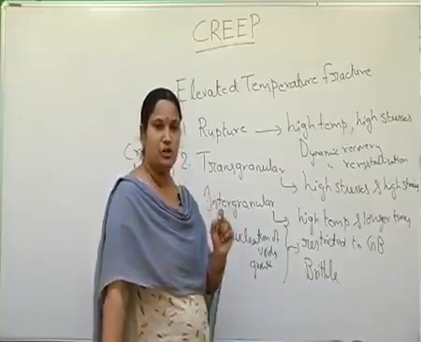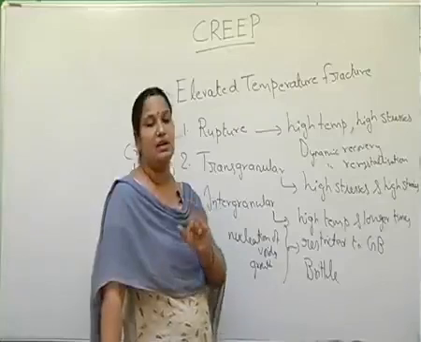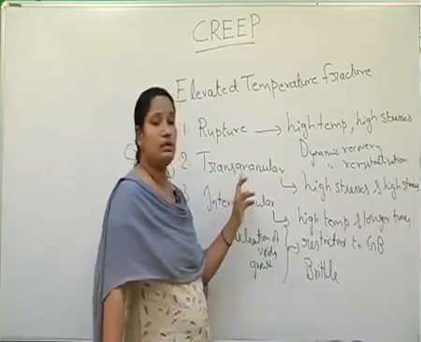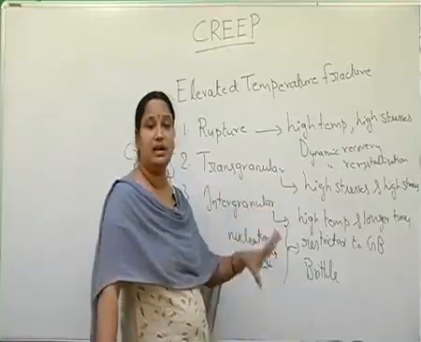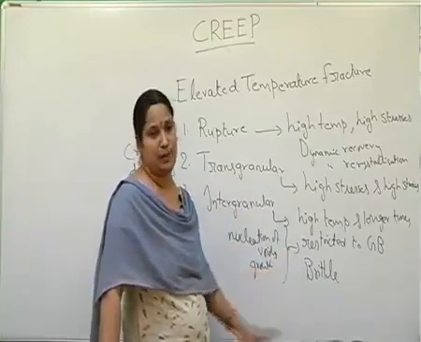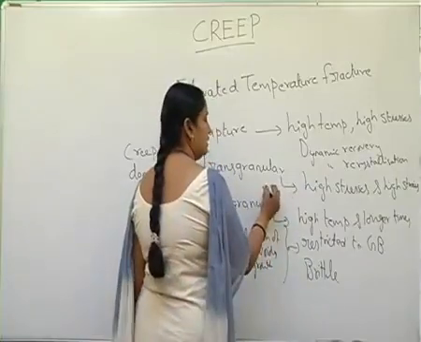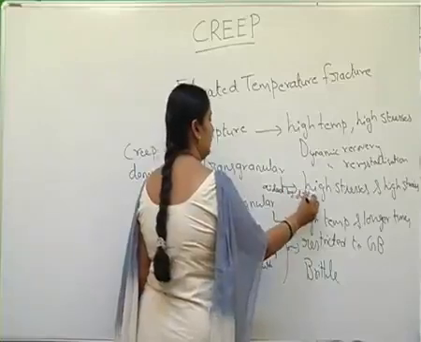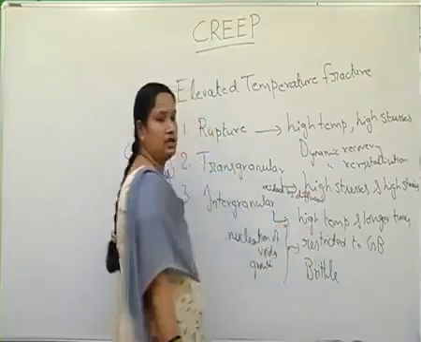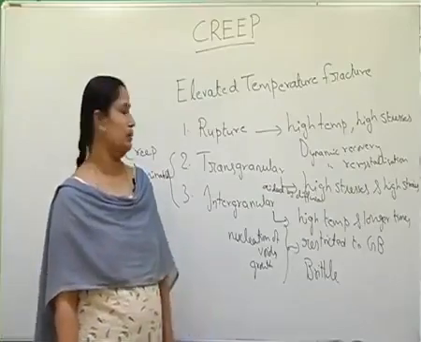So the formation of voids and growth of voids are all aided by diffusion. So this is the only difference between the transgranular type of fracture and ductile fracture which occurs at room temperatures. Otherwise, this type of transgranular fracture is also similar to ductile fracture at room temperature.